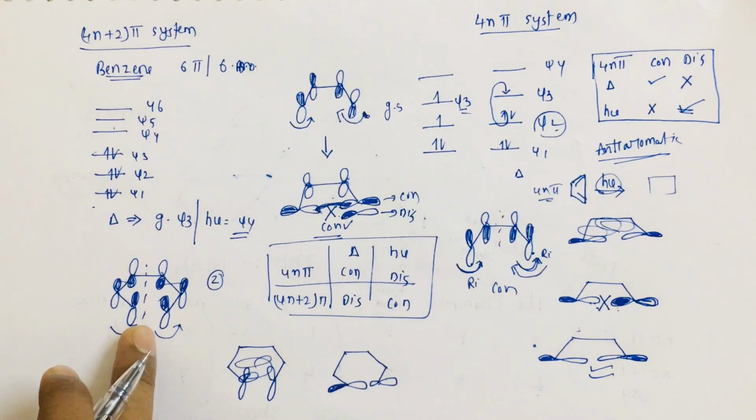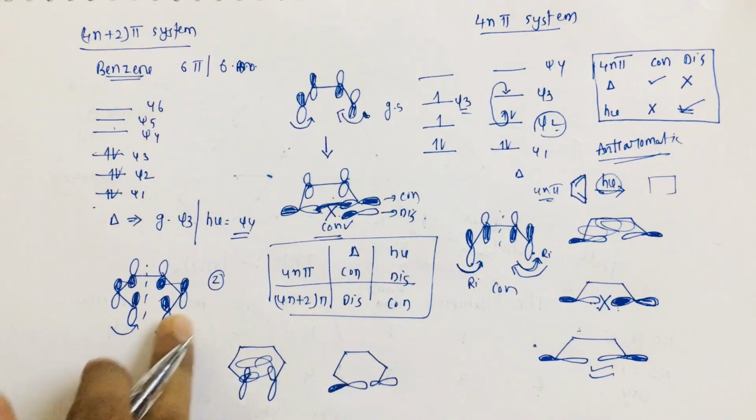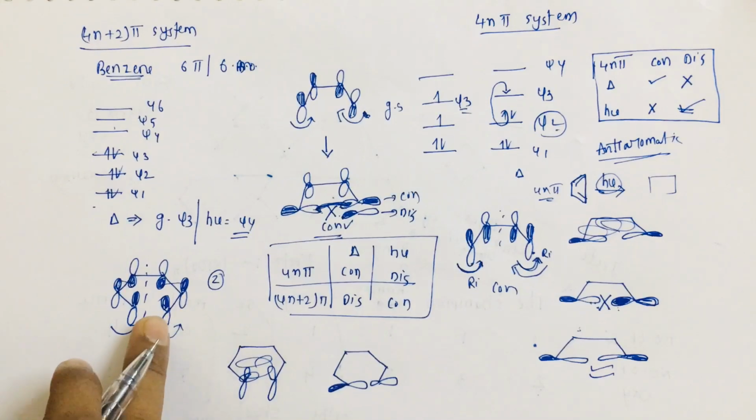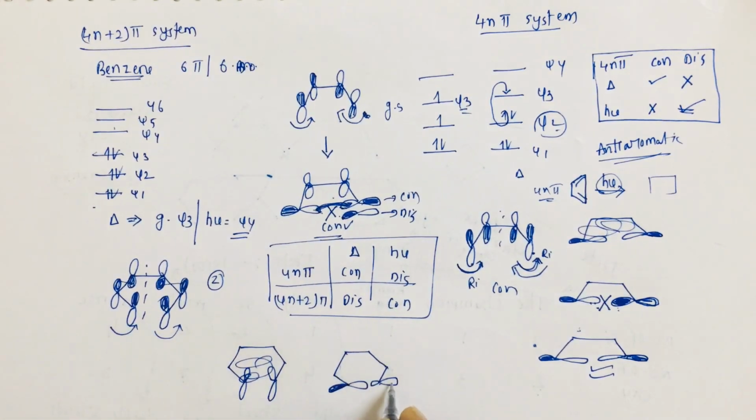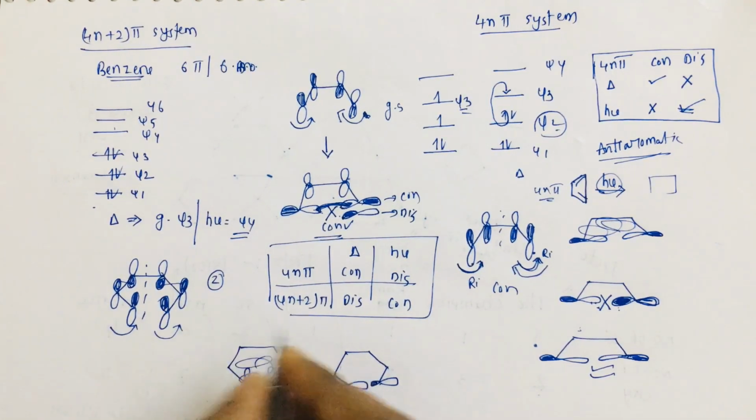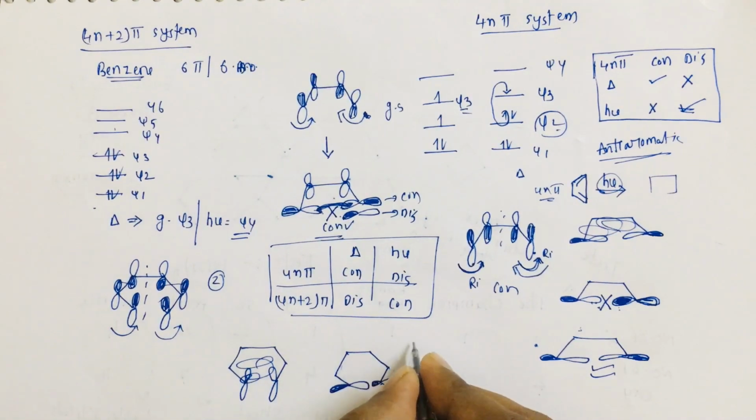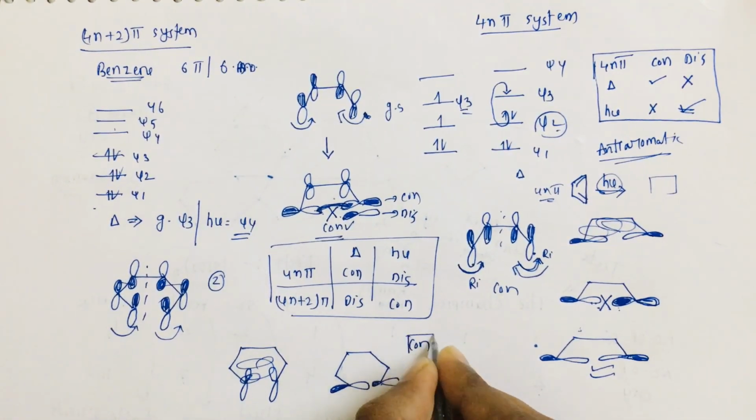And similarly here we are rotating this way, that means this comes towards your left hand side, and this comes towards your right hand side. Okay. So this is con in case of thermal condition.